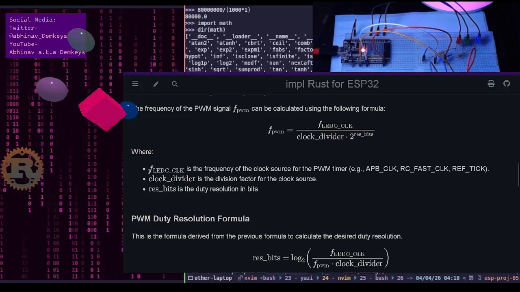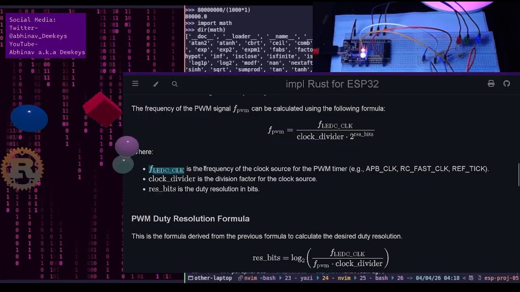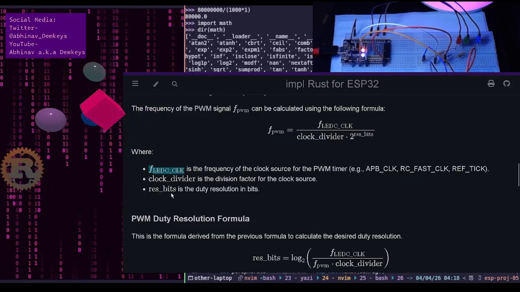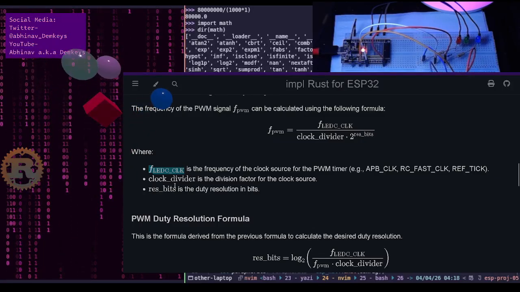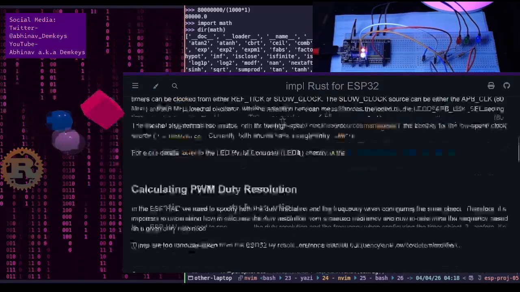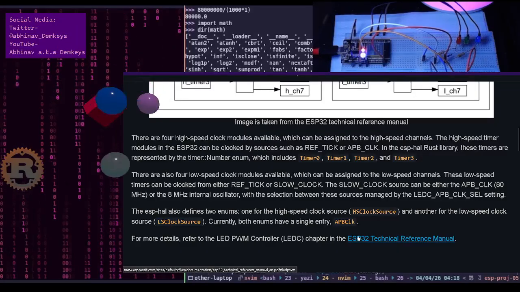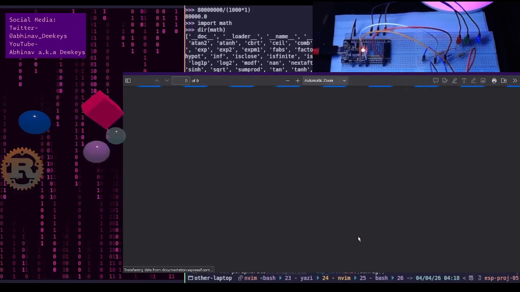Oh, so this thing has a fixed frequency. I think I need to look at the reference manual again.